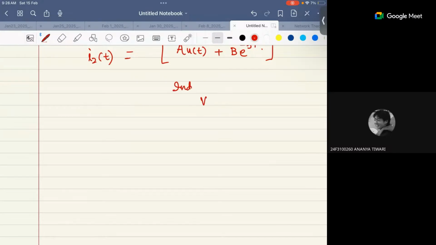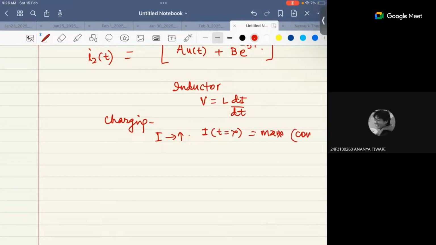If I talk about the inductor, what happens? Voltage is L di by dt, right? And if it is a charging case, let's say for example it is a charging case, what happens? I will keep on increasing, right? And then I will reach a maximum value. So I at t equals infinity will be some maximum value, and the maximum value is some constant, right? Yes, sir.